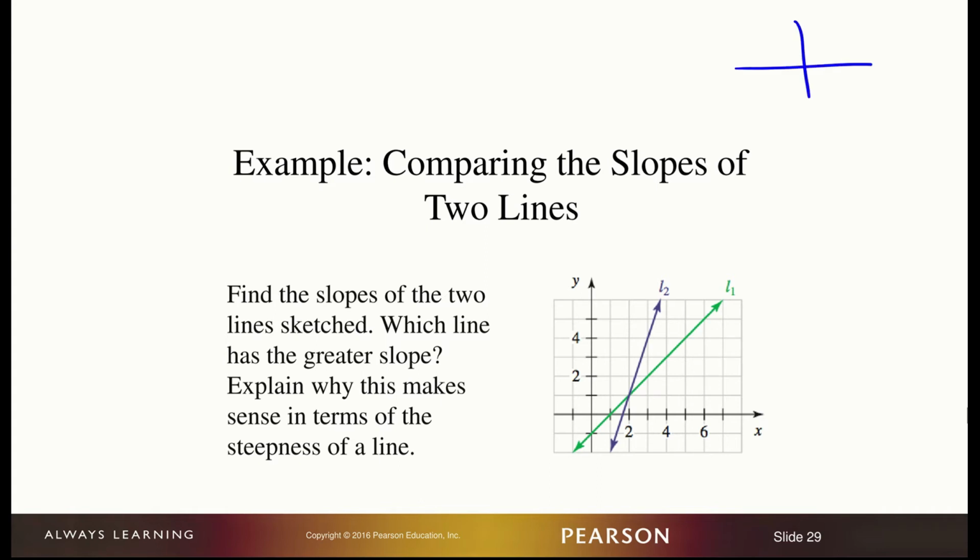That's the line that goes through 0, 0, 1, 1, etc. If you want to go from 0, 0 to 1, 1, you have to go up 1, right 1, right? So the slope is 1. So we usually compare lines to this line, right?